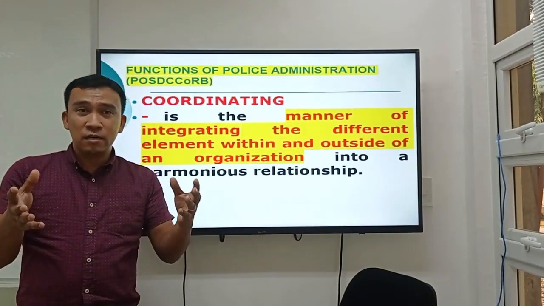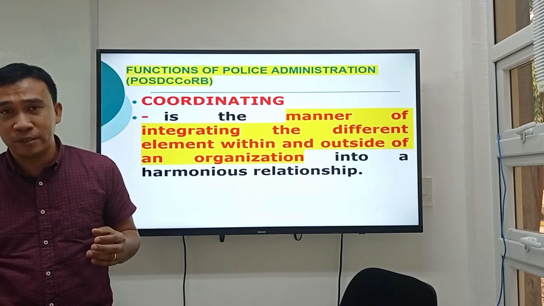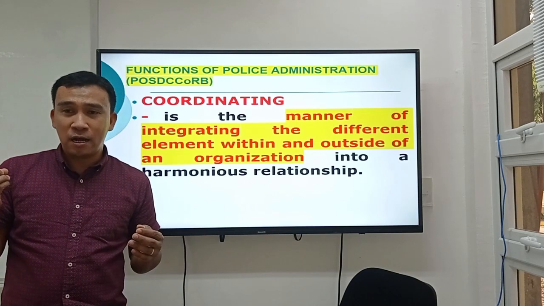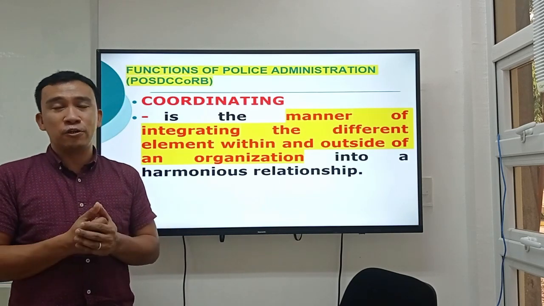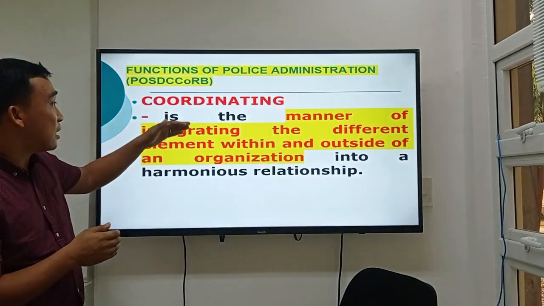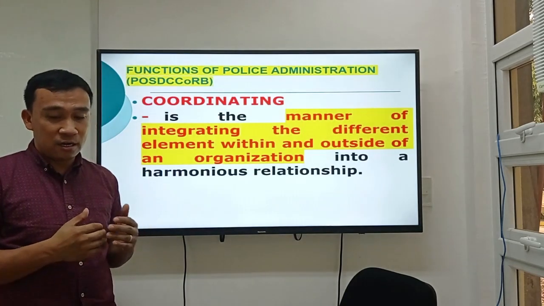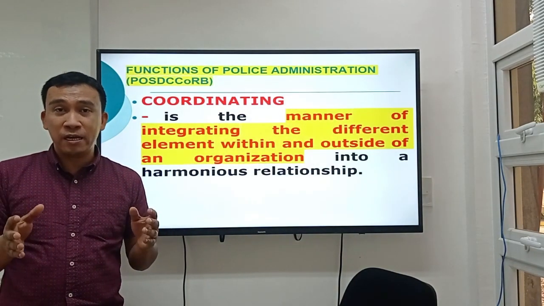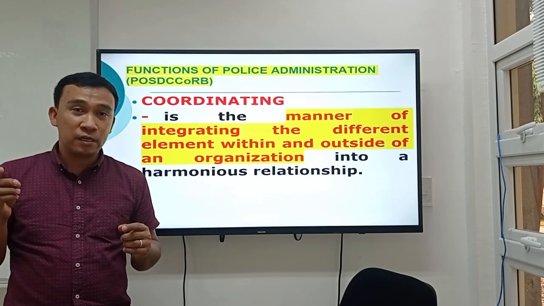Within means inside the police organization, the different units, different section, different department, different division of an organization. Ang sabi dito, mahalaga na magkaroon ng proper coordination among and between the units of the organization.